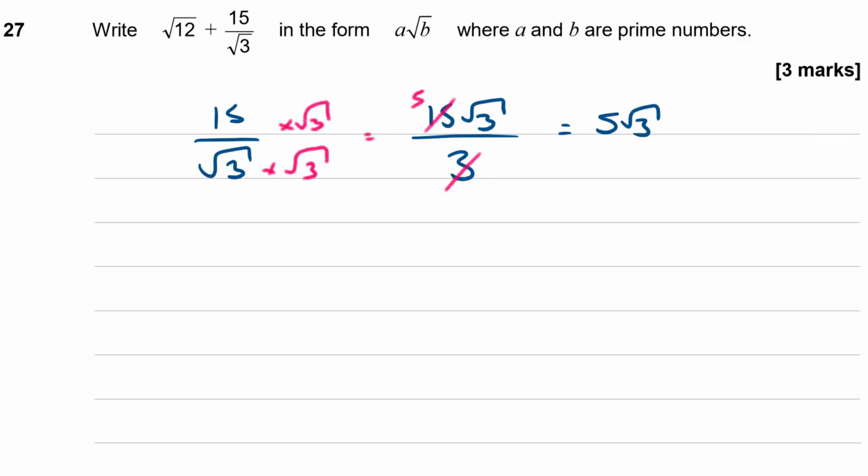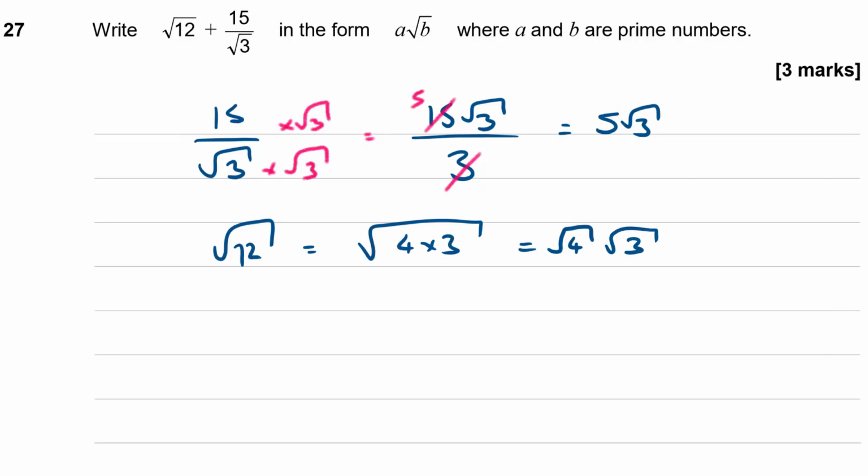Now my root 12 part, I can rewrite root 12 as root of 4 times 3, and then I can break that up into two separate surds. Root 4 times root 3. Root 4 is 2, so that leaves me 2 root 3.